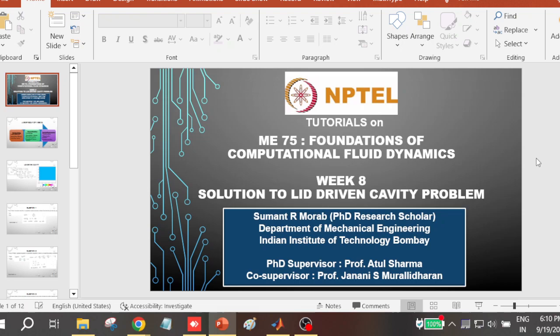Like in week 1 we saw the various steps. I had said in week 1 itself that first we create the geometry, then we discretize the domain, and then we discretize the governing equation. Now discretizing the domain is a very simple thing. You just write what the different points in a domain are, like x1 y1, x2 y2, x3 y3 for a 2D domain.